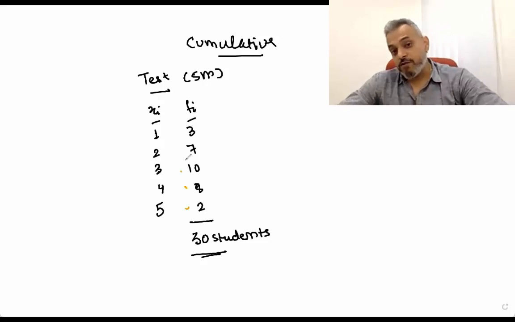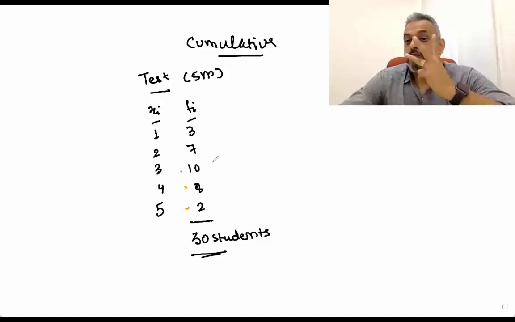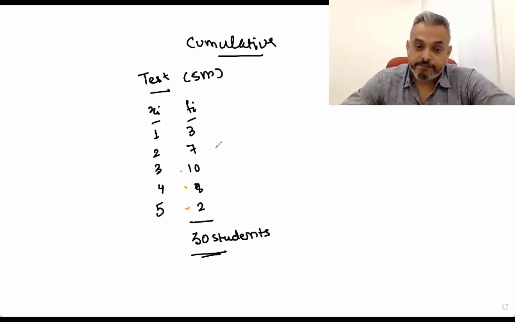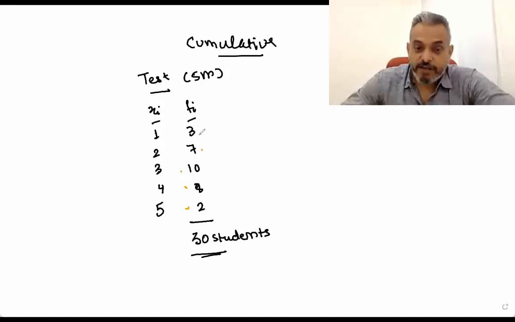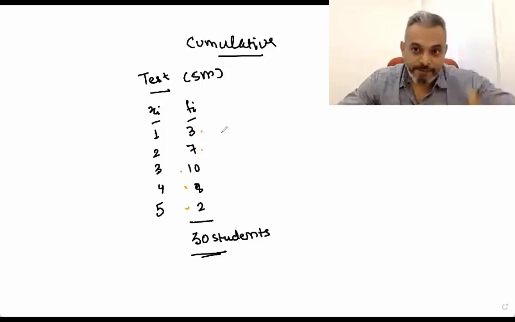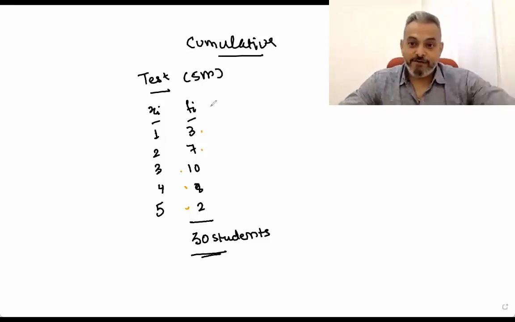How many students are there who scored less than 3 marks? 10 students. So 7 and 3. So now here the data is very small, so you can just by seeing visually give the reply.